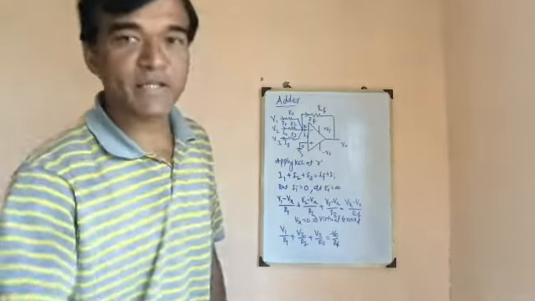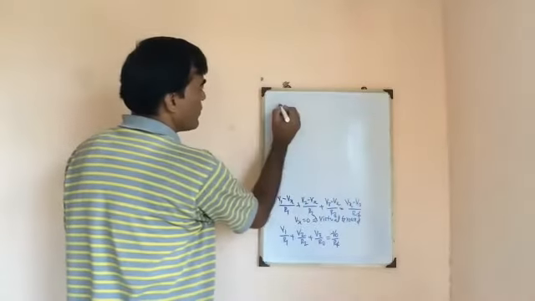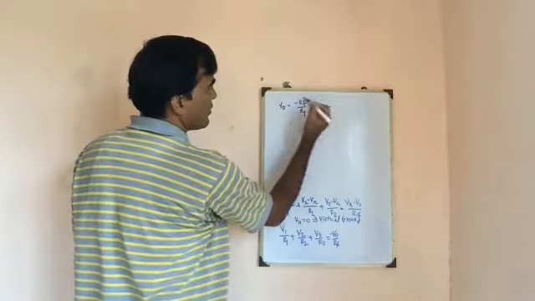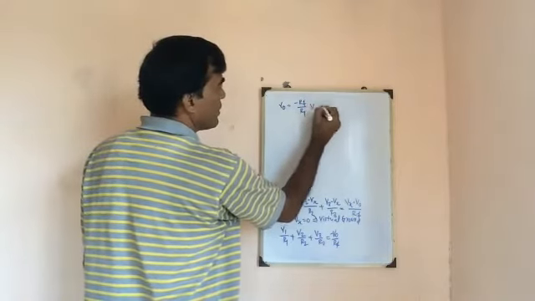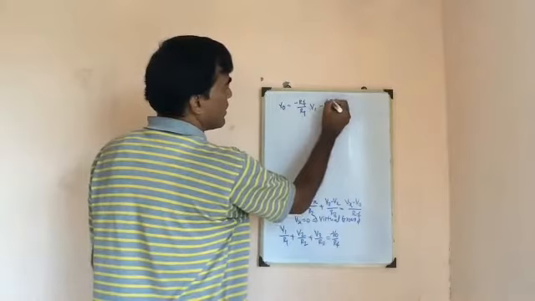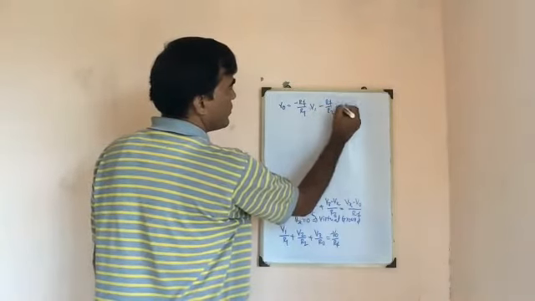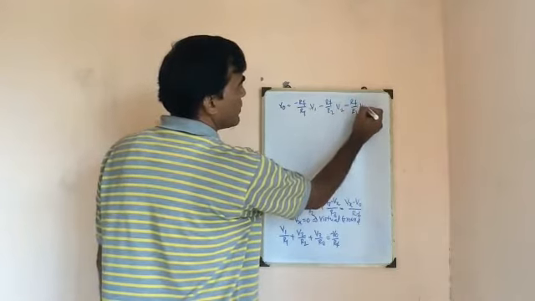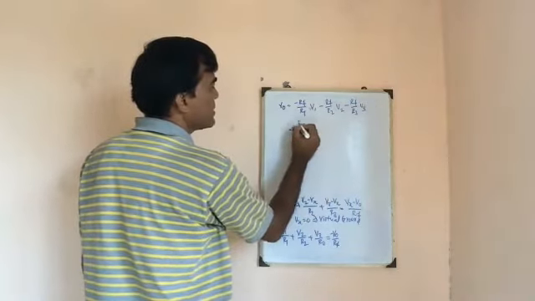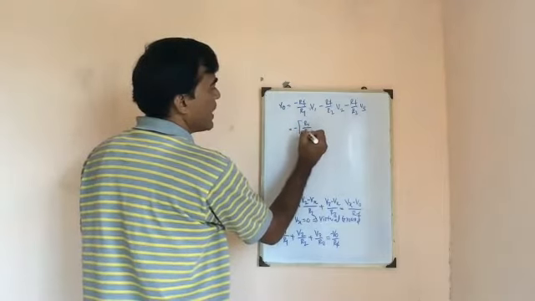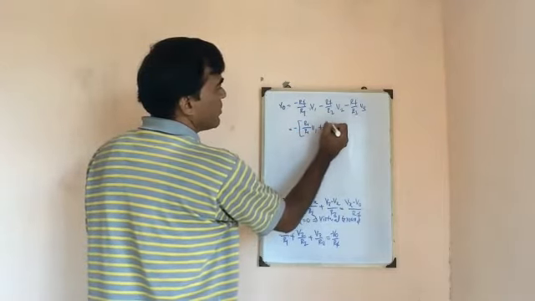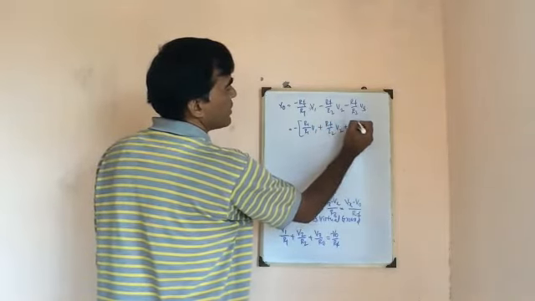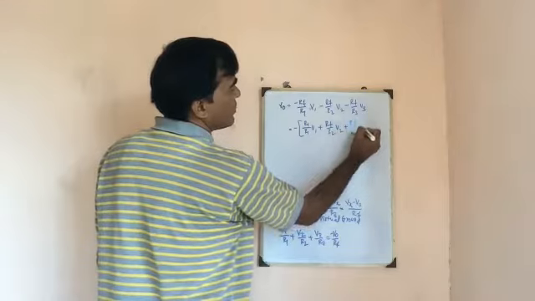Simplifying this expression, we will get V0 equal to minus RF by R1 into V1, minus RF by R2 into V2, minus RF by R3 into V3, which can be written as V0 equals minus [RF by R1 into V1 plus RF by R2 into V2 plus RF by R3 into V3].